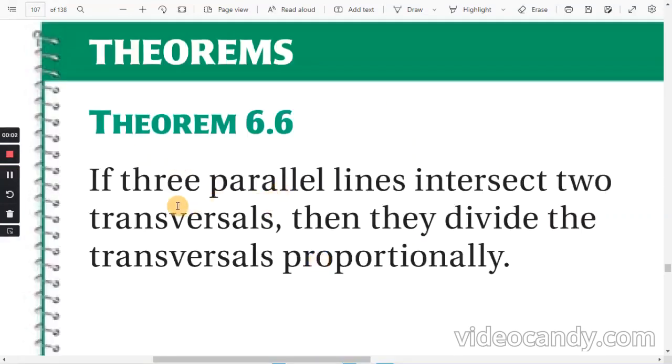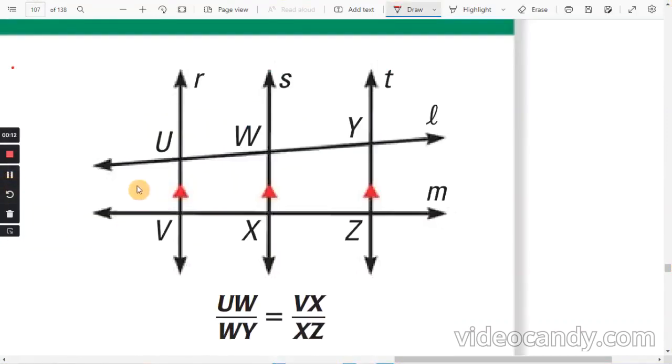Theorem 6.6: if 3 parallel lines intersect 2 transversals, then they divide the transversals proportionally. So remember, the transversal is the line that intersects 2 or more lines. It's basically the line that cuts through the parallel lines. So this is a transversal right here, and this line here cutting the parallel lines is also a transversal.